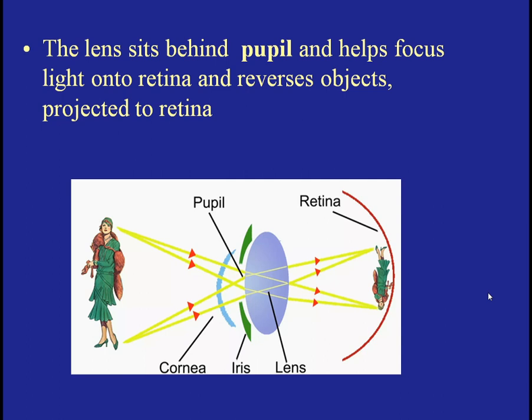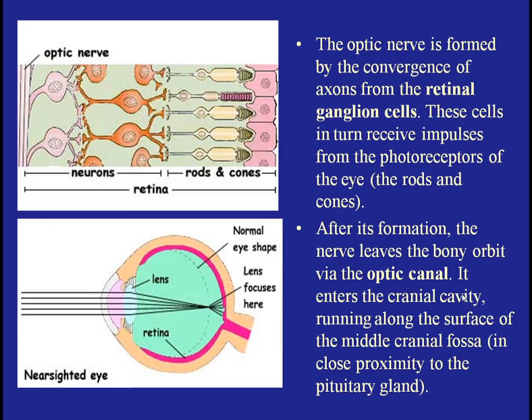If, for example, the object is located in the temporal part of the visual field, it's projected on the retina in the nasal half of the retina, the opposite side, due to the work of the lens. So, the optic nerve is formed by the convergence of axons from the retinal ganglion cells.